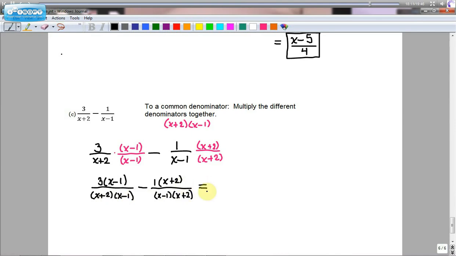Now that we have a common denominator, we're just going to subtract the numerators. So we have our 3 times x minus 1, then that minus 1 times the x plus 2, all over x minus 1 times x plus 2.